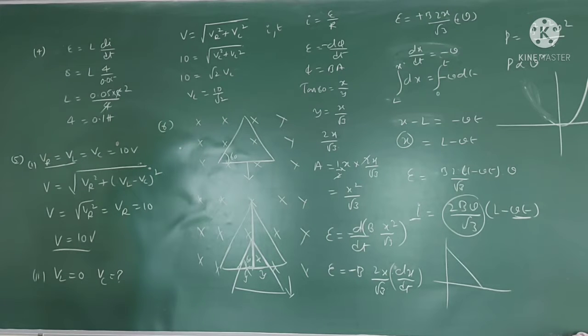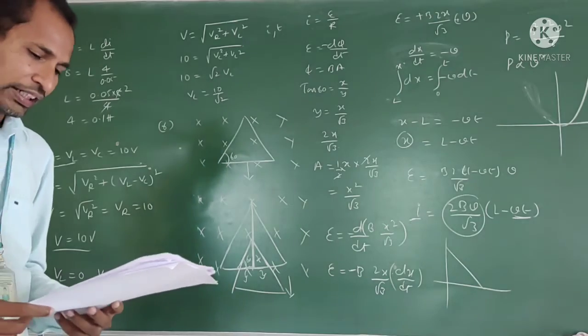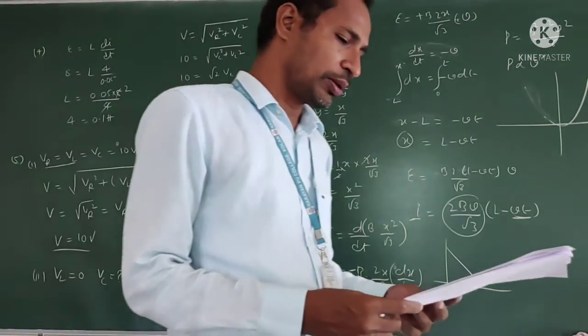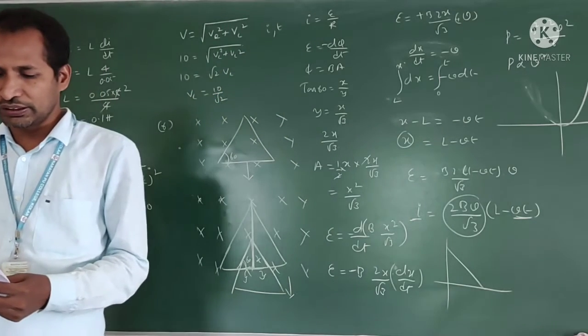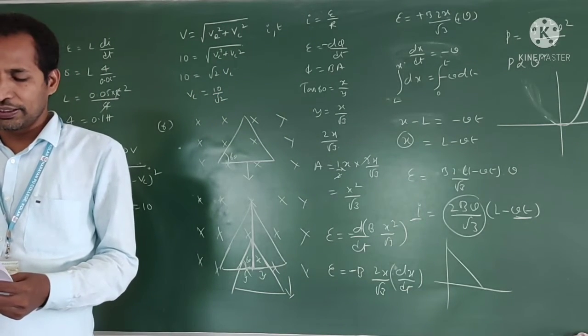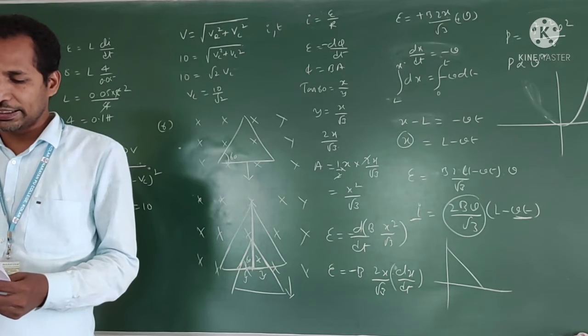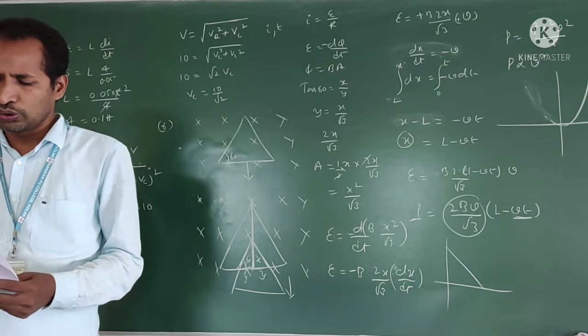Okay, next. A rectangular, a square, a circle and an elliptical loop, all in the xy plane, are moving out of the uniform magnetic field with constant velocity v i cap. The magnetic field is directed along the negative z axis.